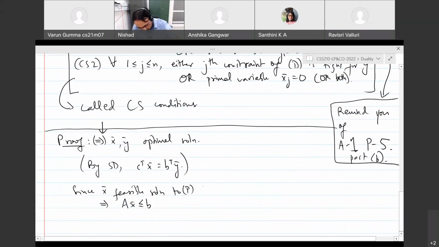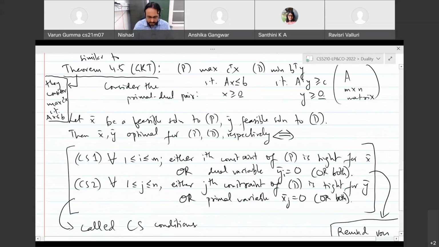On the right side, since y bar is feasible for the dual, we know that A transpose y bar is at least c.